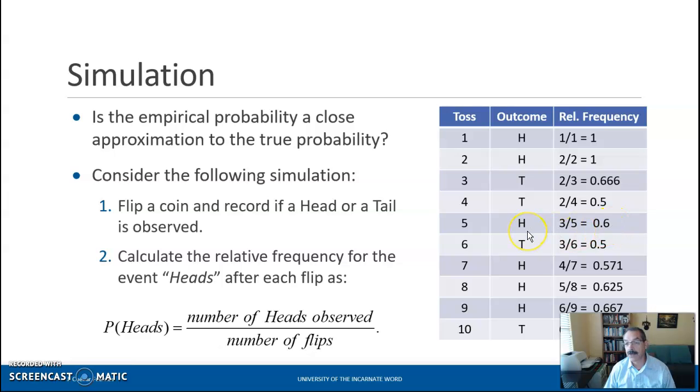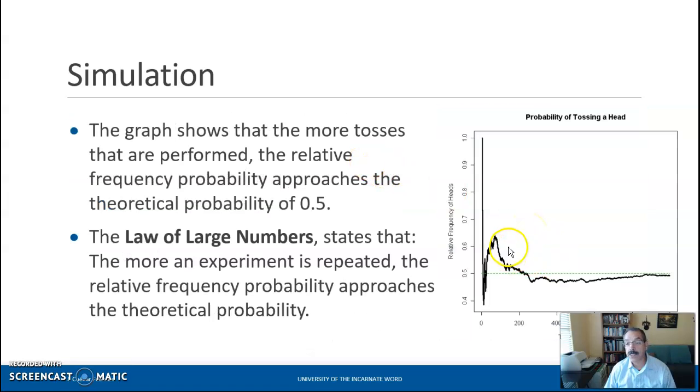In fact, in this case I simulated it 1,000 times, and you can see that the relative frequency jumps a lot, and eventually when you do it many times, the relative frequency approximates the exact probability, or what we call the theoretical probability.